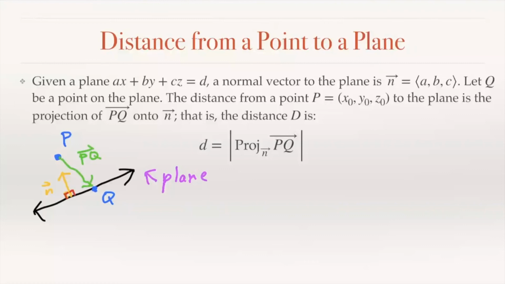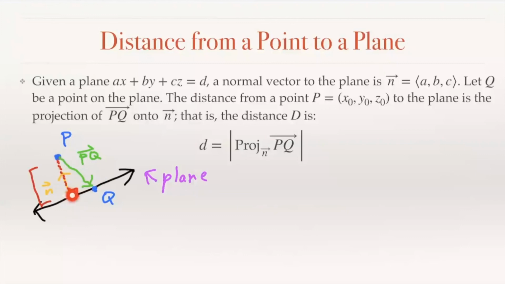If we orthogonally project PQ onto n, then we get this. That length, the orthogonal projection of PQ onto n, since this is a right angle there, will be this vector, oriented technically going downward.